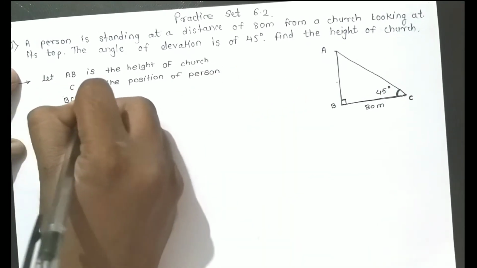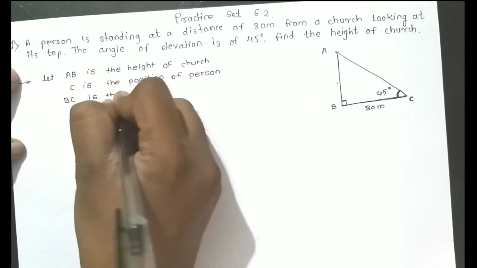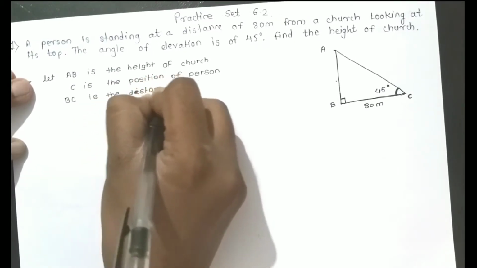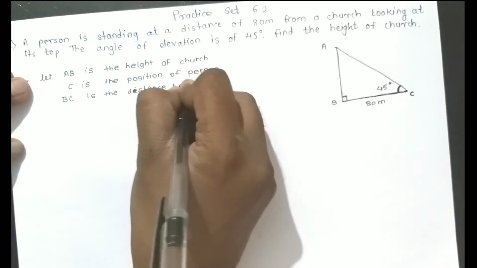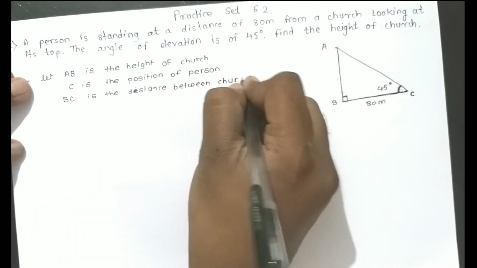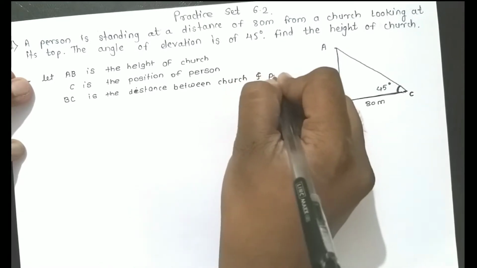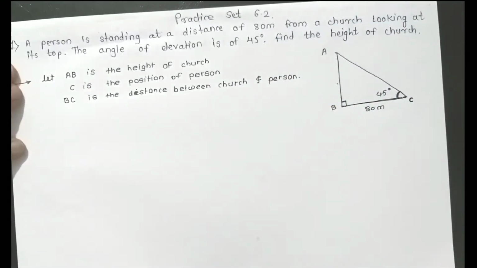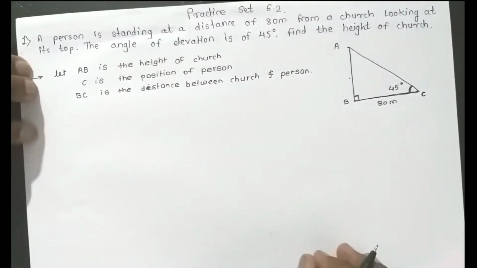And BC is the distance between church and observer or person.